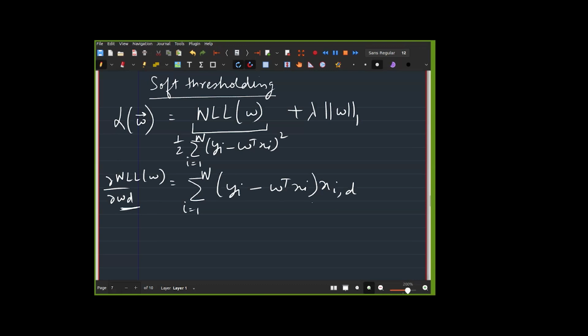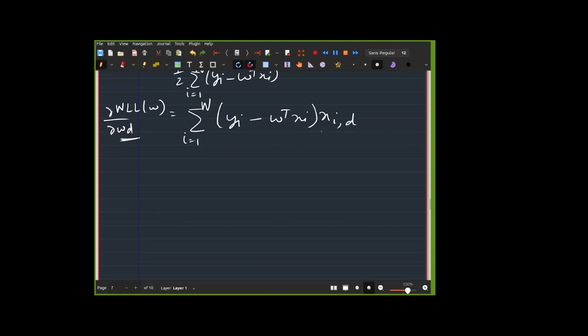So this is what it is. My claim here is that I can rewrite this as AD times WD minus CD. I'll tell you what AD and CD are so that this becomes equal. But my claim is that equation 1 and equation 2 are exactly the same.